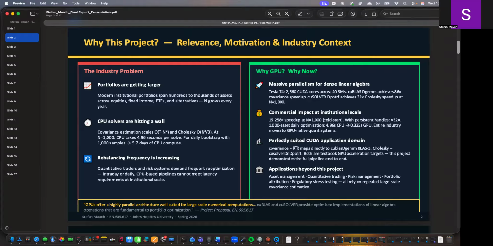So there are different components in this project. First of all, I show you how I've compared the total running time in general for running multiple parts of the code, and also individual components. Depending on the optimization problem, we're minimizing risk, so the covariance, and then the solve itself.